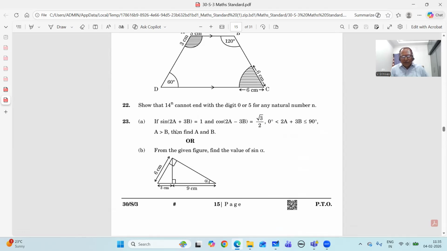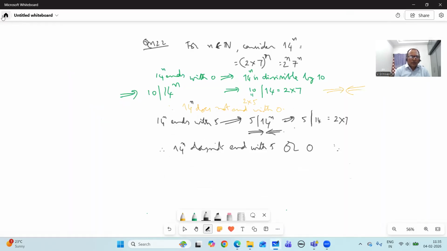So if sine of 2a plus 3b is 1 and cos of 2a minus 3b is root 3 by 2, and 0 degrees is less than 2a plus 3b is less than or equal to 90 degrees and a is greater than b, then find a and b. Okay, so let's go to the working.